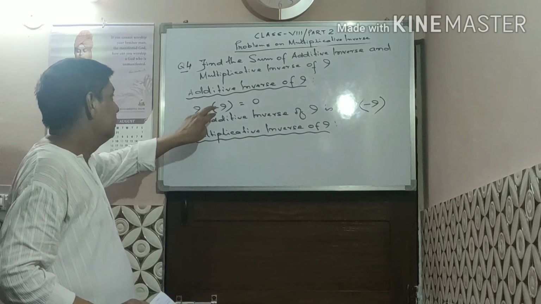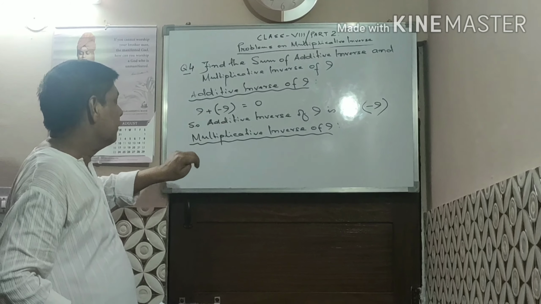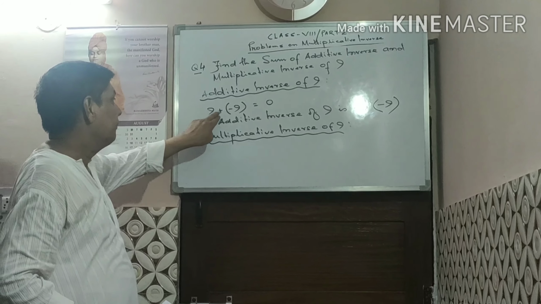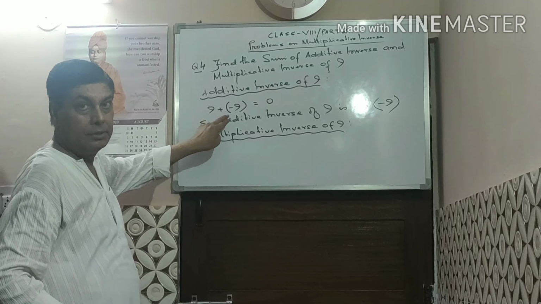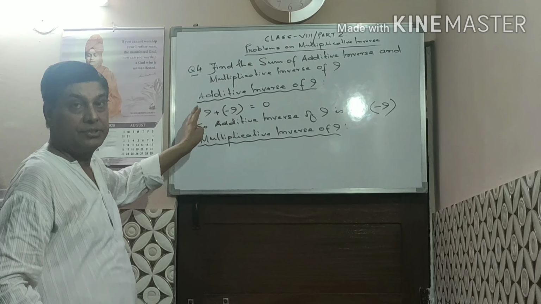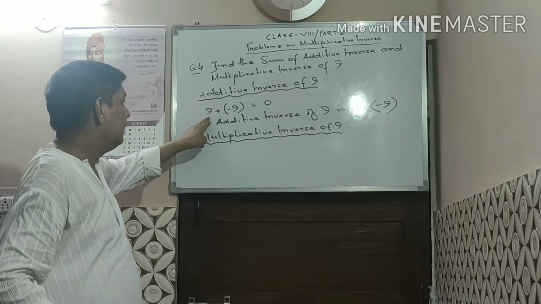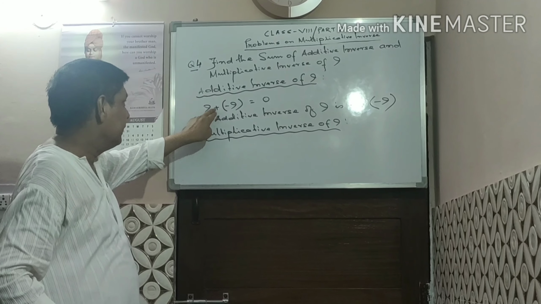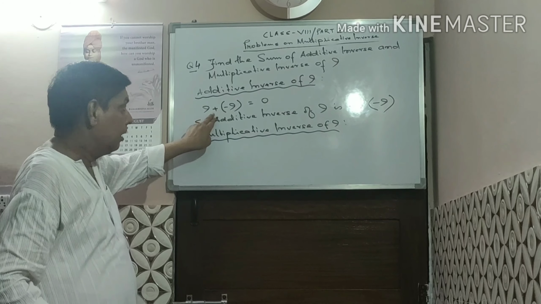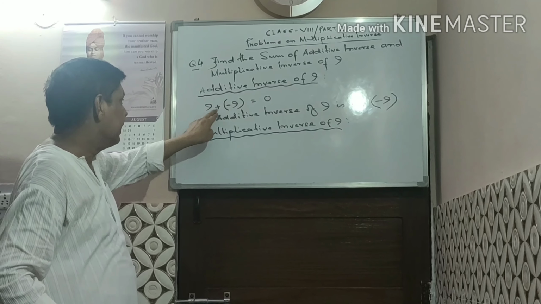You know, for the additive inverse of 9, it is positive. We will have to add the negative sign of the same number, that is 9 plus the negative of the same number.